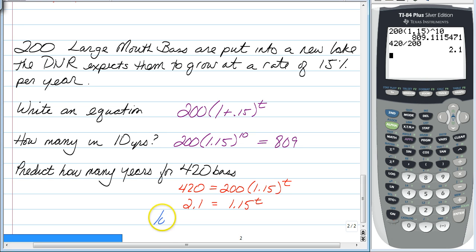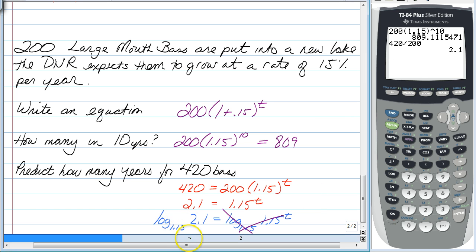If we were to take log base 1.15 of both sides, now that you know about the little inverse rule, log base 1.15 of a base of 1.15 are going to cancel each other out, so they just bam bam go away, and you're left with t is equal to log base 1.15 of 2.1. So that's it.